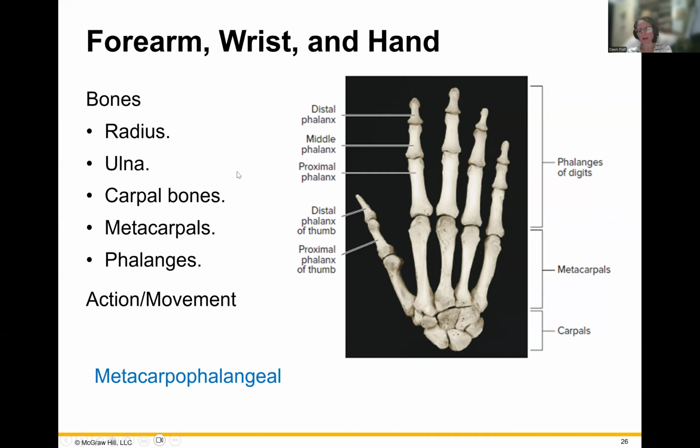I also wanted to talk about metacarpophalangeal. That one has to do with the whole area, so we're referring to this entire area of all of it.